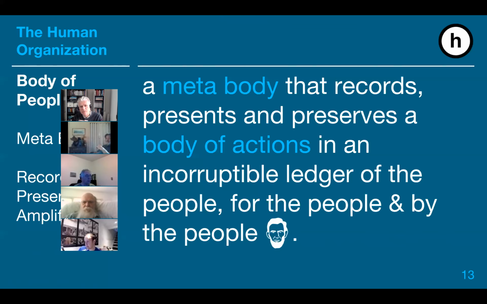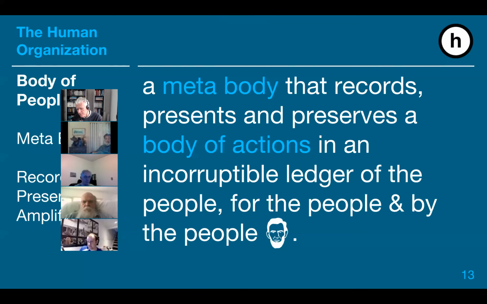And we want to record, present, and preserve any of these actions in an incorruptible ledger of people, for the people, and by the people, right? Kind of a famous quote here. But the idea is, these actions, whatever activities they have, is there a way to save them, present them, and preserve them in this, I call it incorruptible ledger for now.